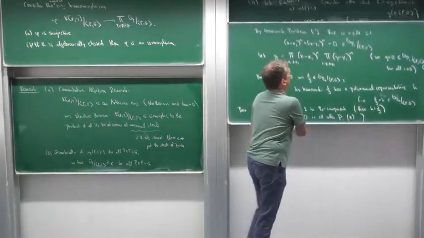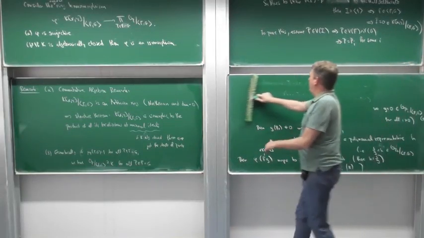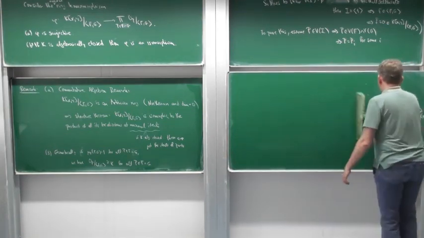So part A of the statement, the surjectivity, is just saying that you will find a polynomial that takes on specified values at all those points.